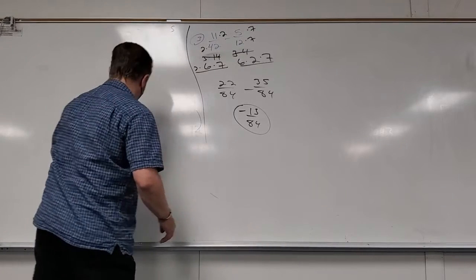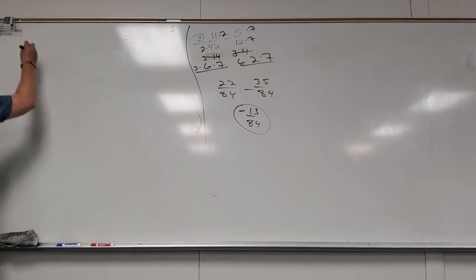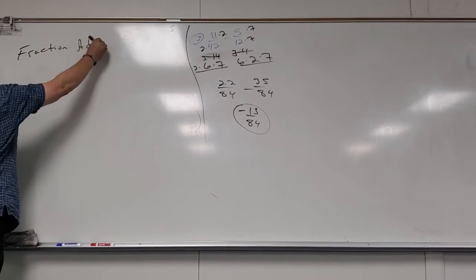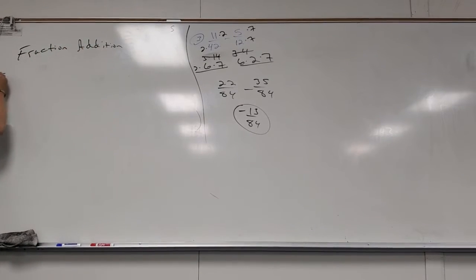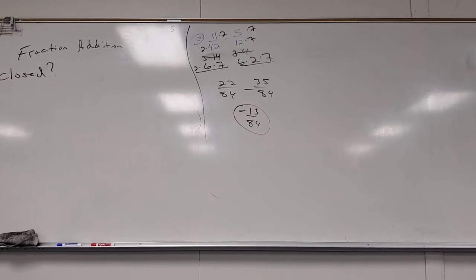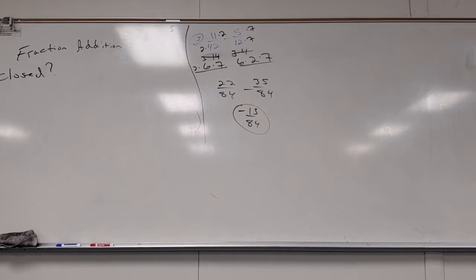Let's see if you guys remember this word. Do you think fraction addition is closed? Who remembers what that means, closure? So closure is if I have two whole numbers.